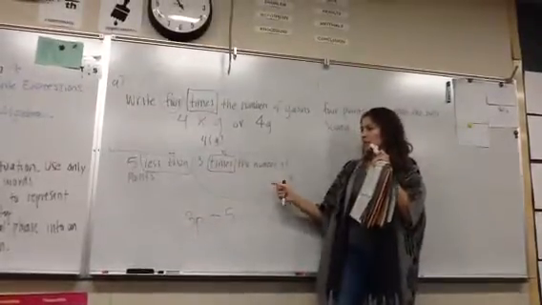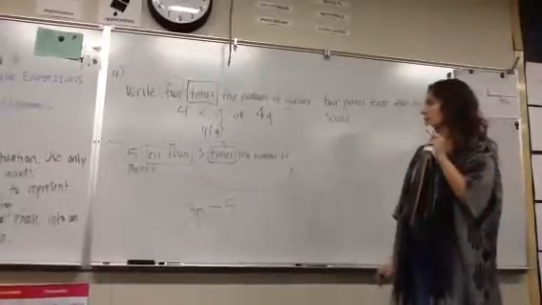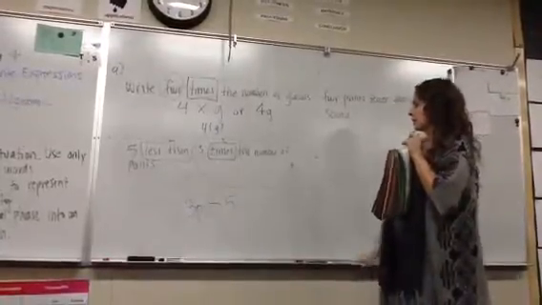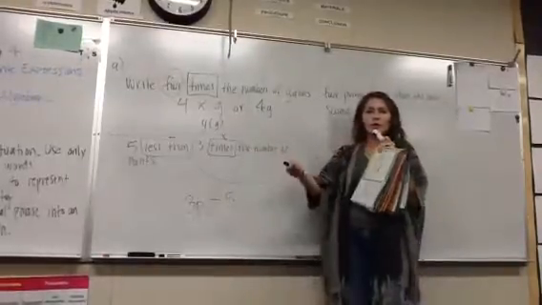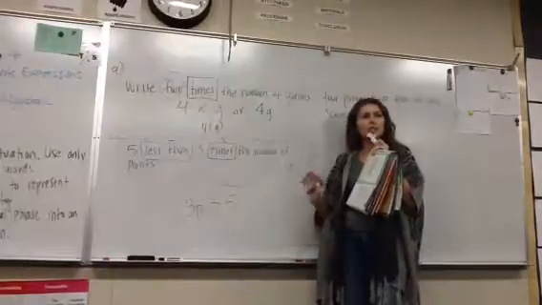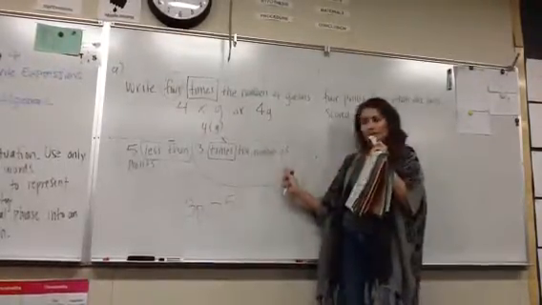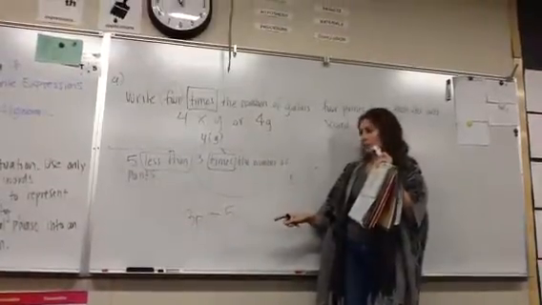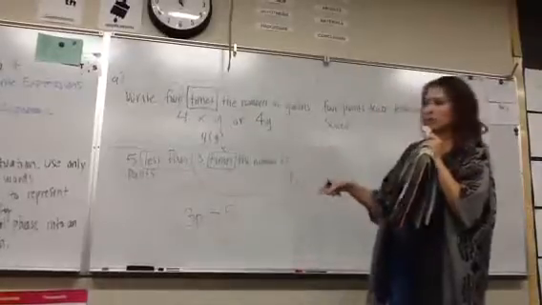Wouldn't you have to do 3 times the number of points first anyway, because it's multiplication? Yes, you would have to do it, but it doesn't matter which way it's placed. You would still have to do multiplication, even if it was behind. The point is, it's not written correctly as an expression unless it's written like this. So is it the same thing to do 5 minus 3p? No, you have to put the 3p in the front.